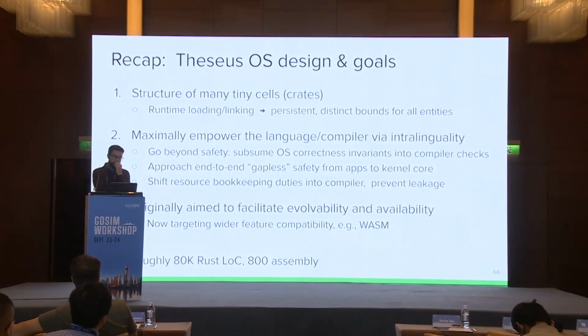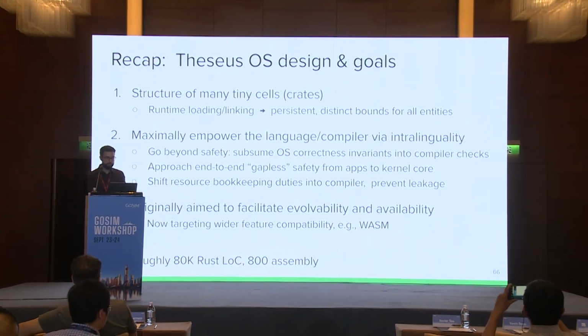So just to recap, Theseus has a series of rather unique design goals. We have a structure of many tiny cells, all of which are loaded and linked dynamically at runtime, which gives us the ability to see all of their bounds throughout all of execution.